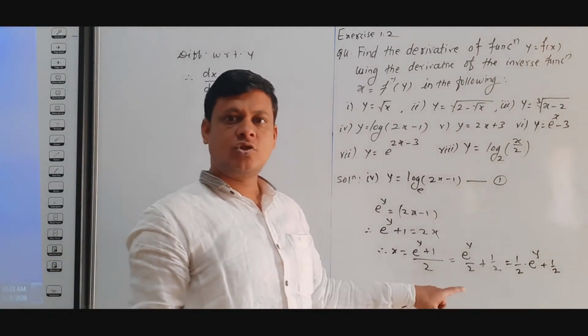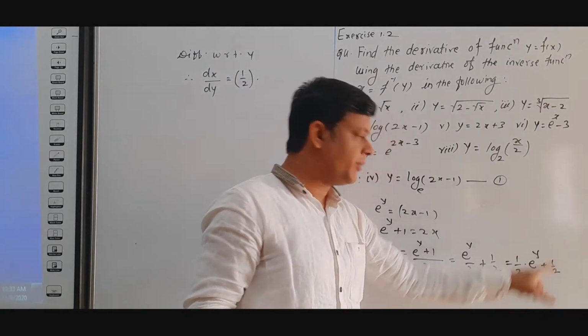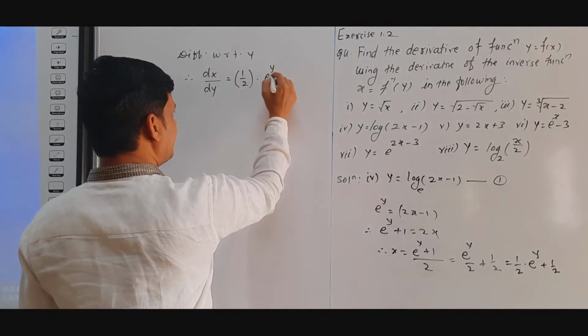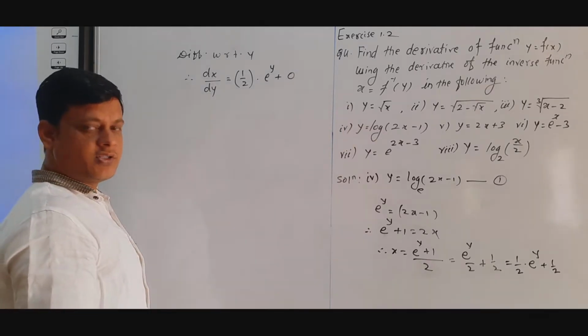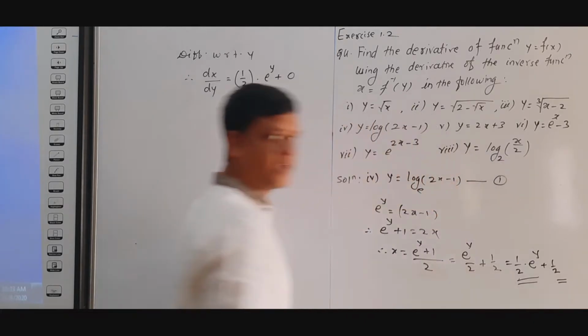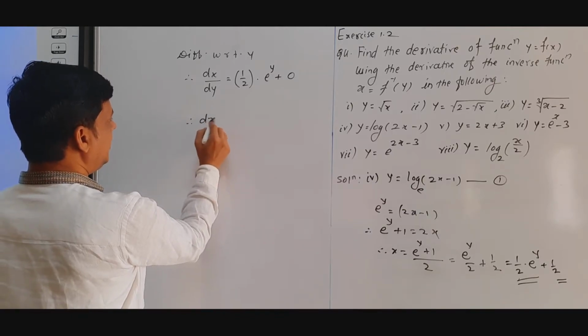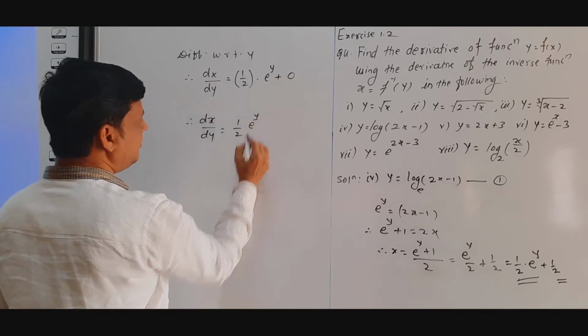The derivative of e raised to the power x with respect to x is e raised to the power x. Here the derivative of e raised to the power y with respect to y is e raised to the power y. And 1 by 2 is a single constant, so its derivative is 0. That means we find the derivative of the first term, then the derivative of the second term. So dx upon dy is equal to 1 by 2 e raised to the power y.